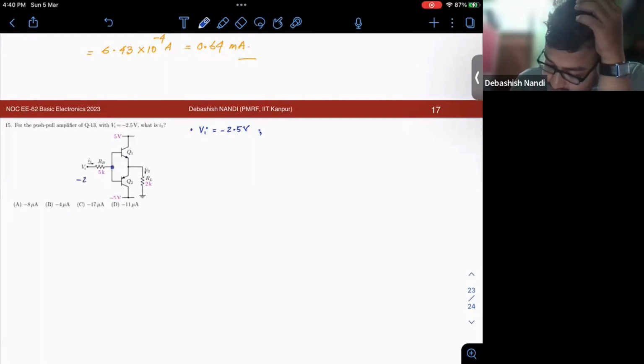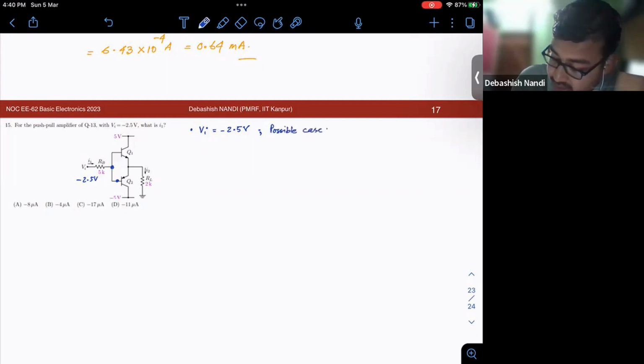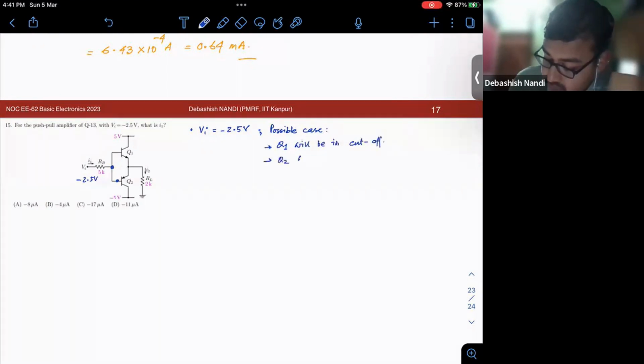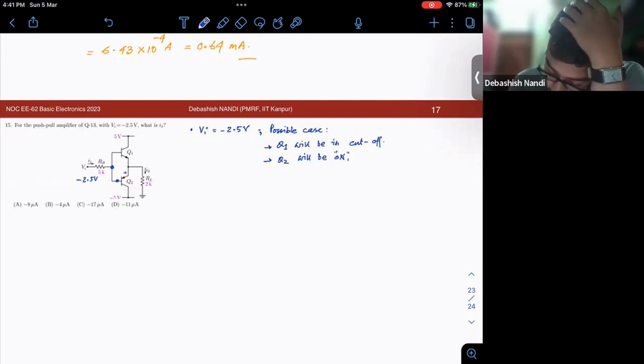As this is a more negative voltage applied at the base terminal of both Q1 and Q2, for this possible case my Q1 will be in cutoff and my Q2 will be on. That means this will be my 0.7 volt.